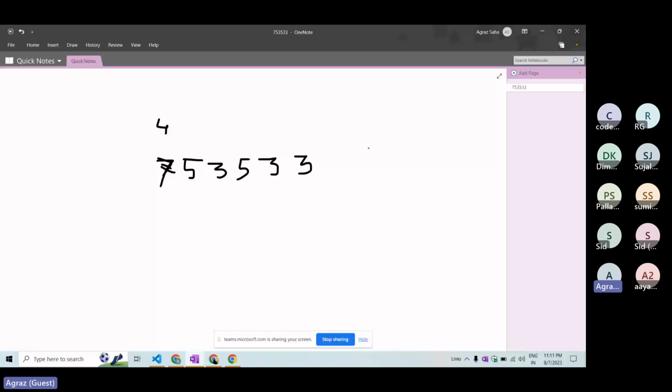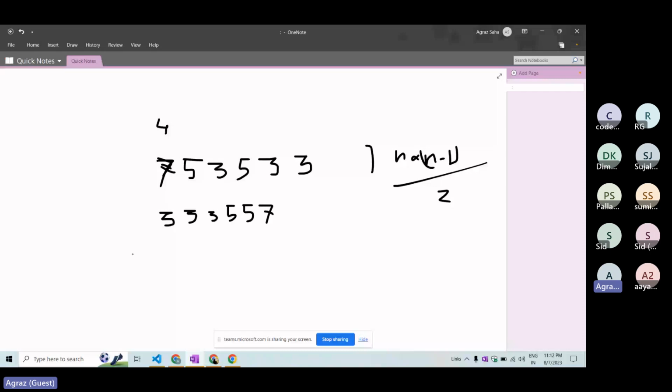It is of size 6, which is n times (n minus 1) divided by 2. According to my approach, I have first sorted the whole array. So now the array will become 3 3 3 5 5 7.